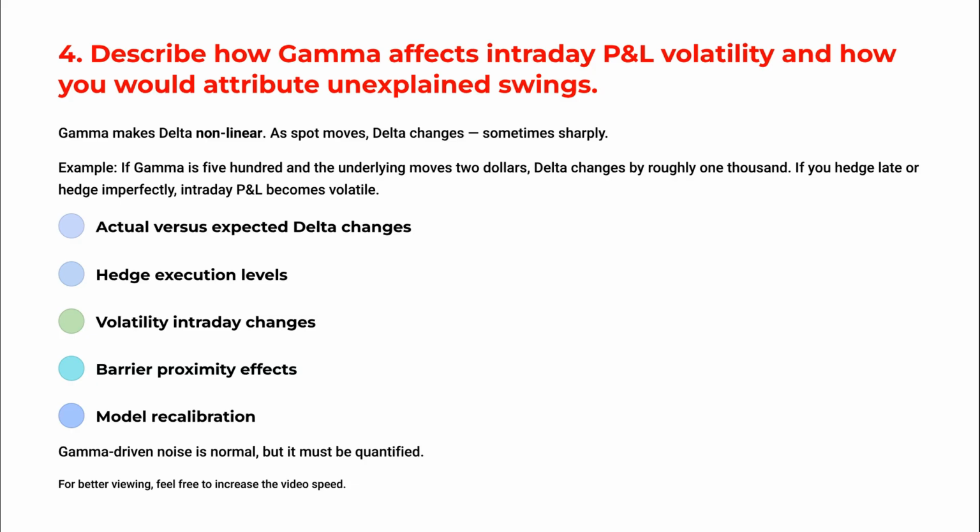If you hedge late or hedge imperfectly, intraday P&L becomes volatile. To explain unexplained swings, check actual versus expected delta changes, hedge execution levels, volatility intraday changes, barrier proximity effects, model recalibration. Gamma-driven noise is normal, but it must be quantified.